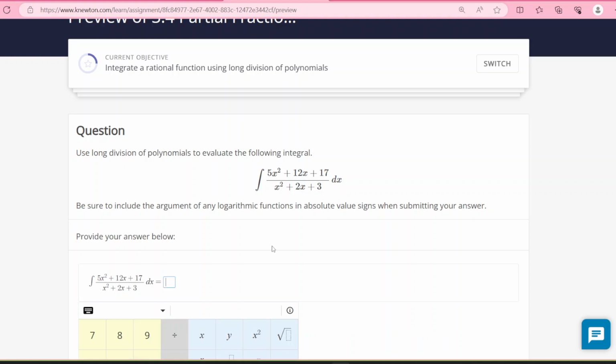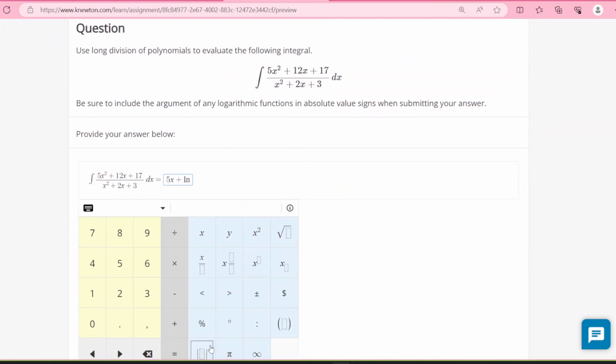So back in the assignment: 5x plus the natural log of the absolute value of x squared plus 2x plus 3, which is actually always going to be positive for any real values of x, so I really don't need the absolute values.